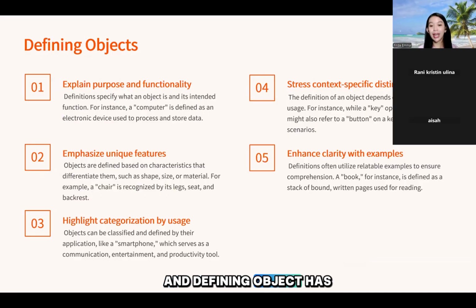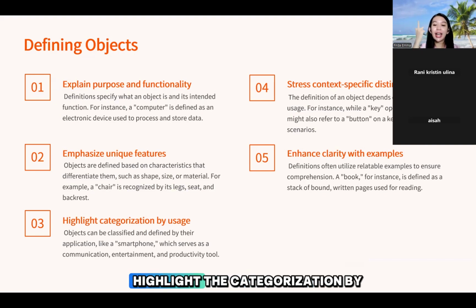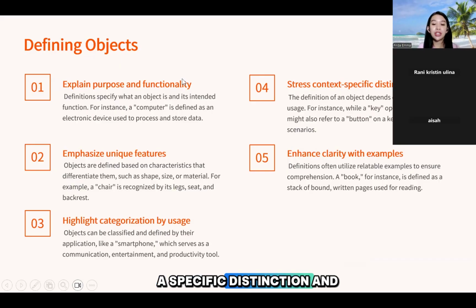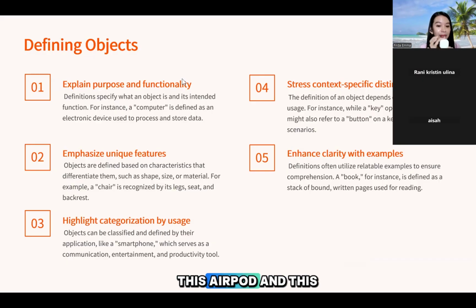And defining objects also has five parts: explain the purpose, emphasize the unique features, highlight the categorization by usage, stress context-specific distinction, and enhance clarity with examples. It's not quite different, as I explained before about these AirPods and their function, characteristics, shape, size, and color.